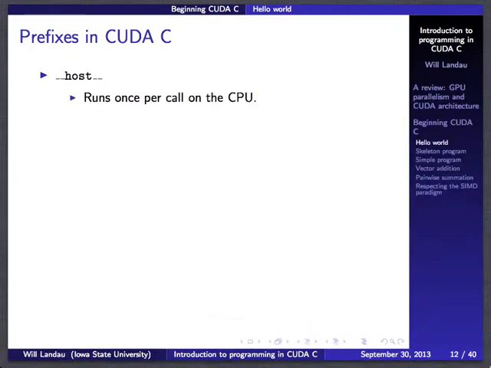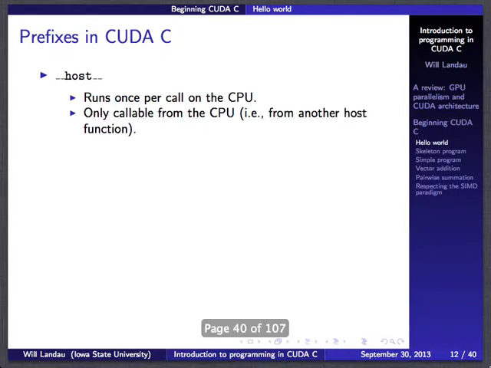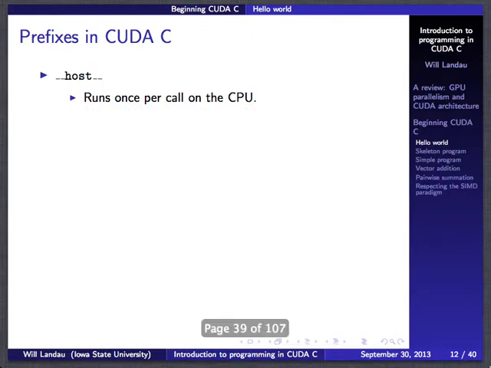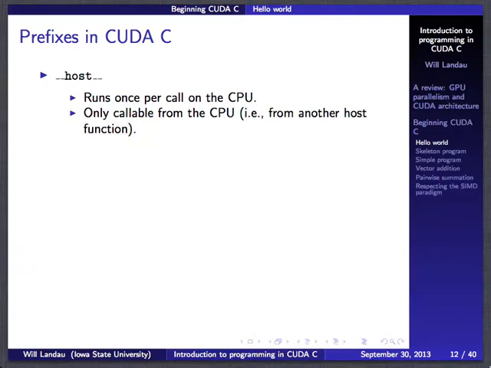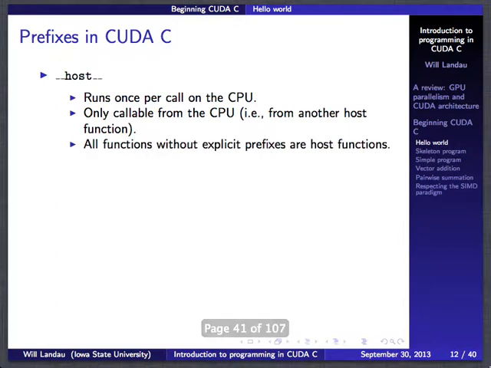If you put __host__ in front of a function, it runs once per call on the CPU. So when you call it, it doesn't run in separate threads. It just runs like a regular C function. Host functions are only callable from the CPU, so either from int main or any other host function. And all functions without explicit prefixes are host functions. So you get the normal functionality of C. You don't have to go through and specify what every function is unless you're really pedantic.